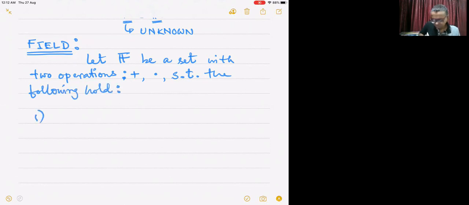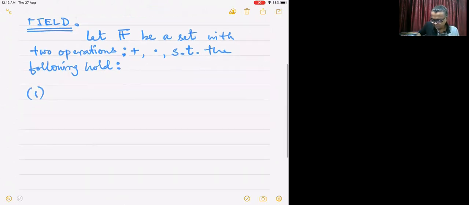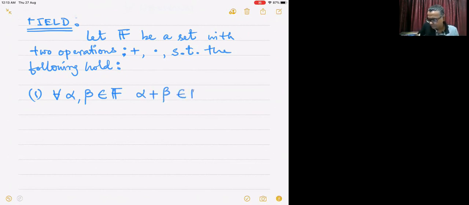Number one, for all alpha, beta in the set, this symbol means for all, a kind of rotated A. That means for all elements from the set, alpha plus beta, that is this operation of addition, is also an element in the field.